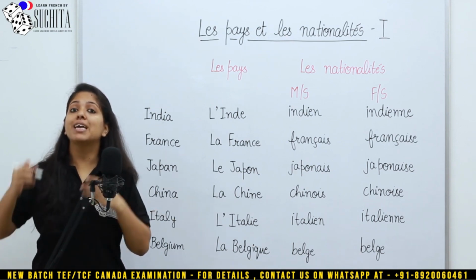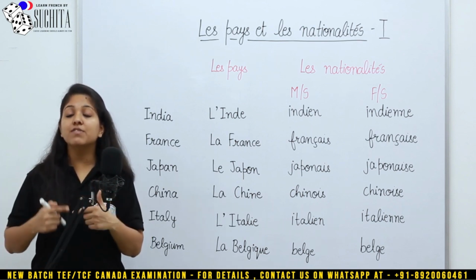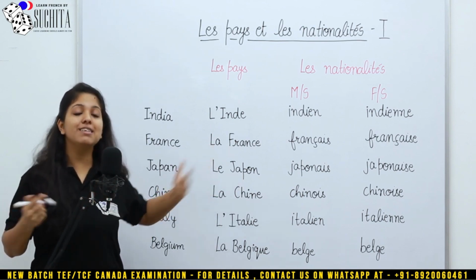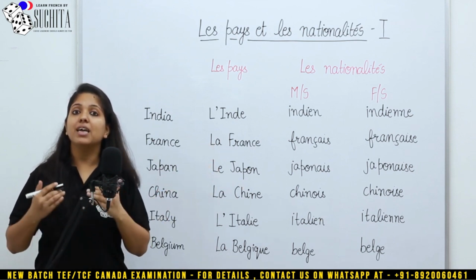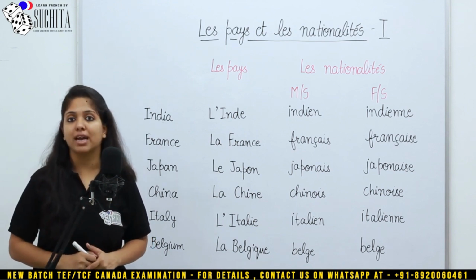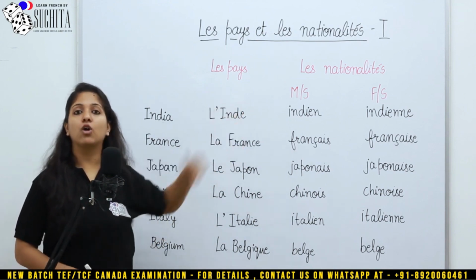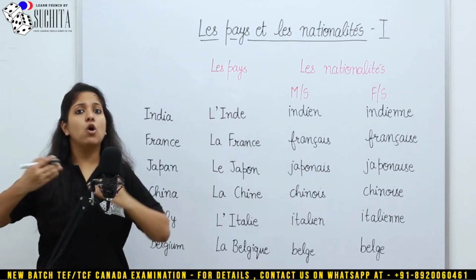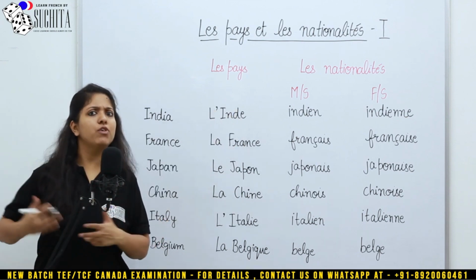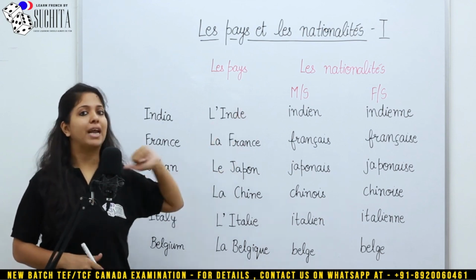So you will have to make Indian also feminine and singular. So adjectives, or I should say nationalities in this case, agree in gender and in number according to the noun they describe. Let's learn how we write the masculine singular and the feminine singular. You can also write the masculine plural and the feminine plural of these nationalities, but since I don't have the space, I did not write that.